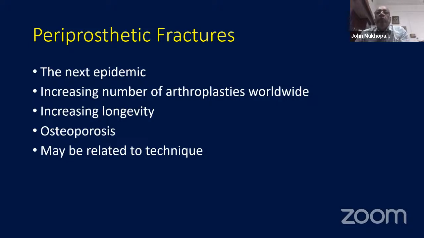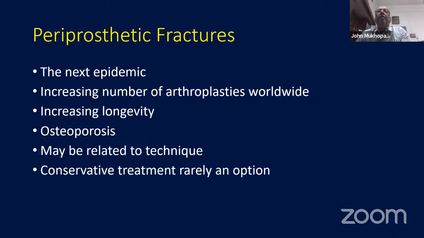Periprosthetic fractures are really the next epidemic for the orthopedic surgeon. We've been through the hip fractures and the osteoporotic fractures of various parts of the body. Now, with the increasing number of arthroplasties being conducted worldwide, along with the increased longevity of patients and resultant osteoporosis for various reasons apart from age, and some of these fractures may also be related to the technique, so they may be to some extent iatrogenic.